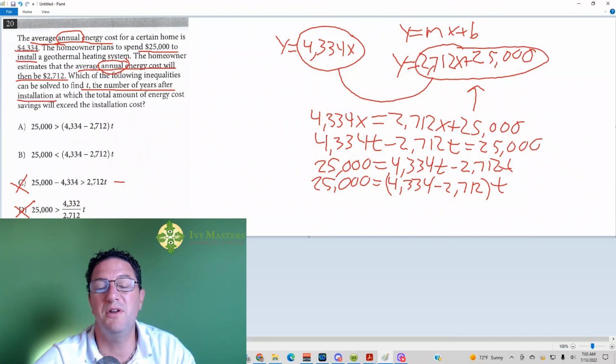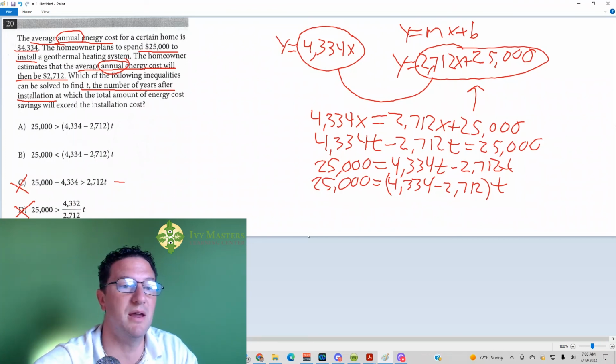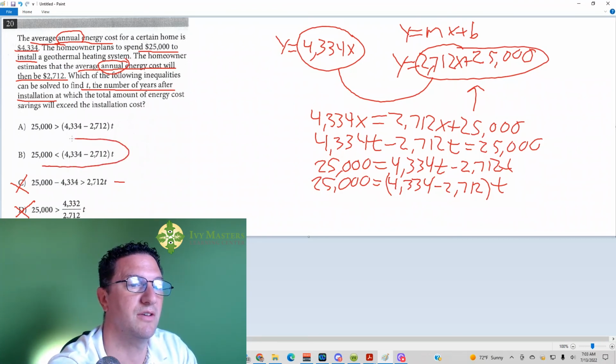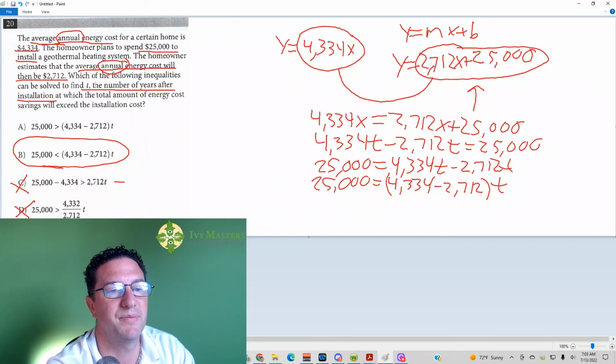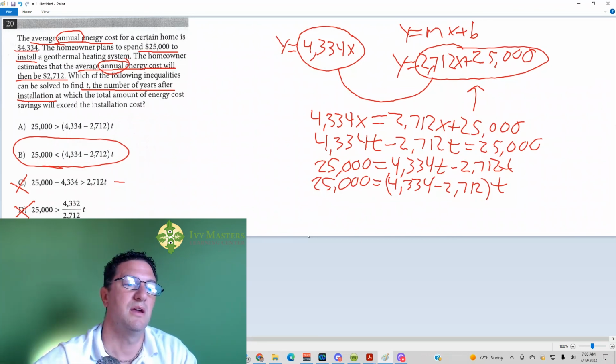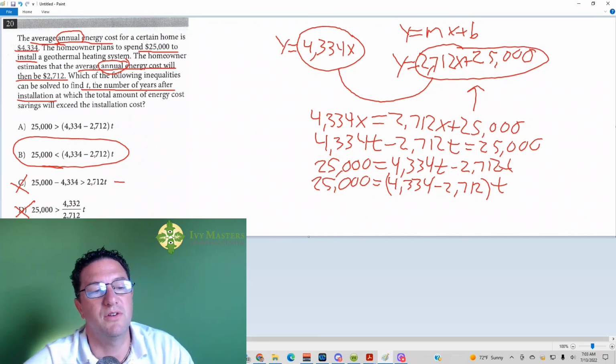So if you put in a big number for t, it should work. In what answer choice is a big number for t going to work? It's going to be this one. Let's say I put 1,000 in for t. It should work because in 1,000 years, it's going to be worth it to make that $25,000 investment because you're going to wind up saving that money. So B is your correct answer.